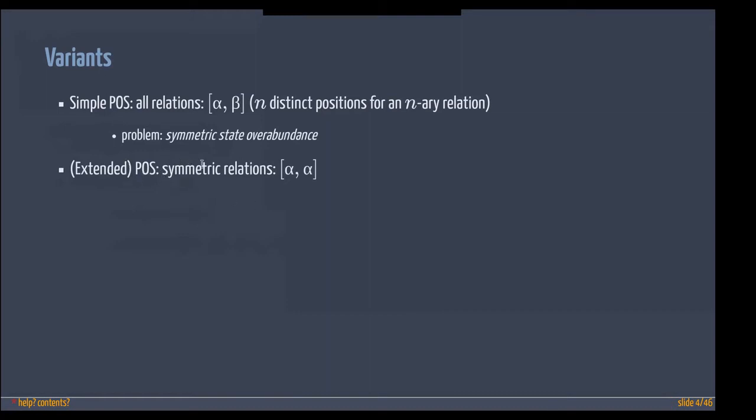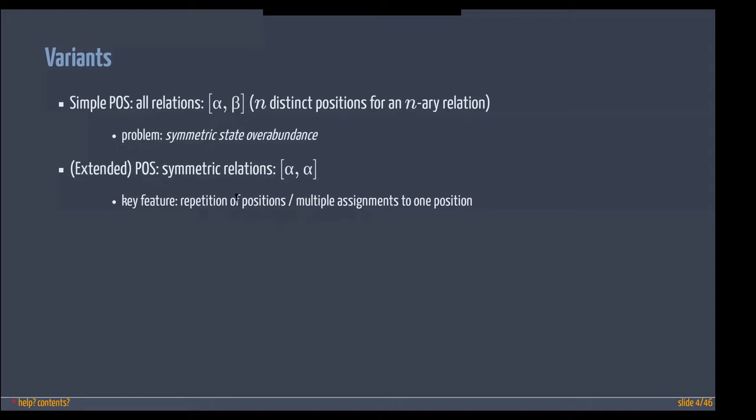So one response to this is to say that symmetric relations have only one position, and this position can be repeated, or as some authors put it, an assignment can be multiplied, or there can be multiple assignments to the same position. Whenever I note this, I don't want to be bound to a particular ontology underlying what exactly positions are, but you can just choose the one you prefer.